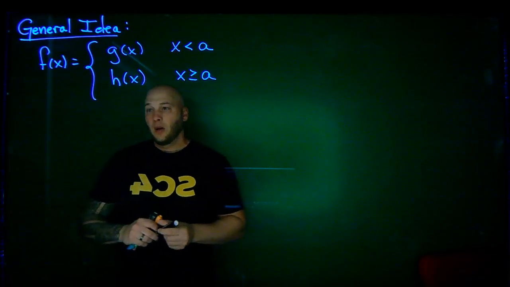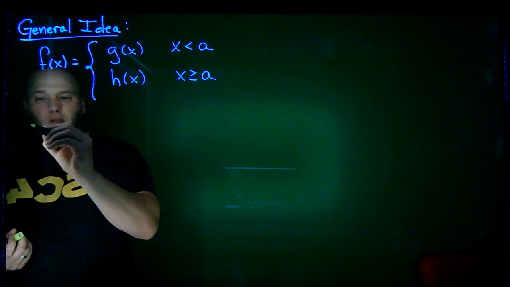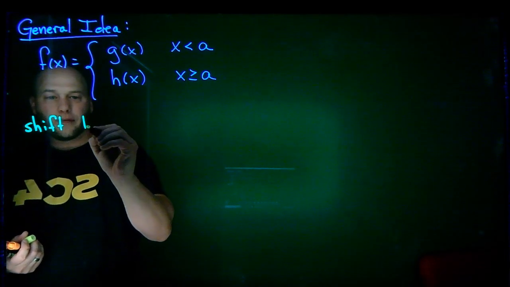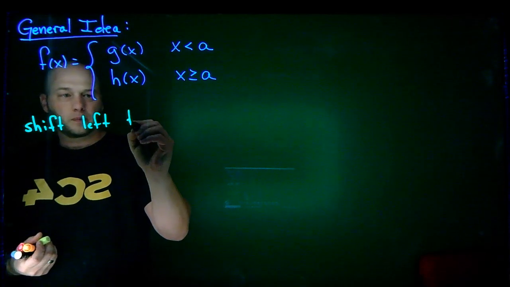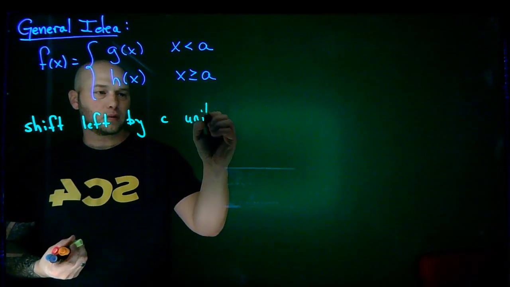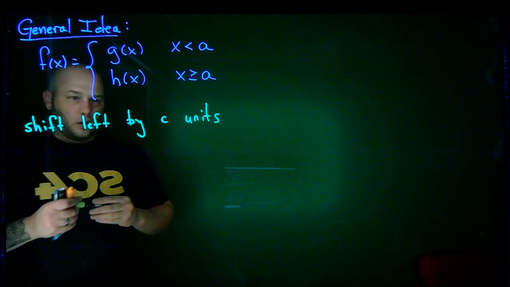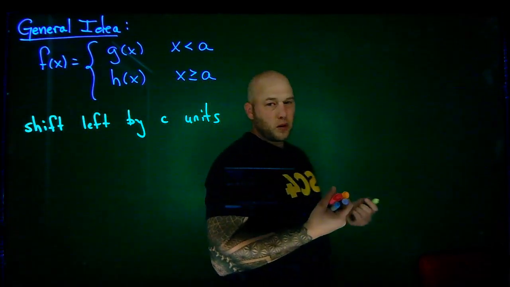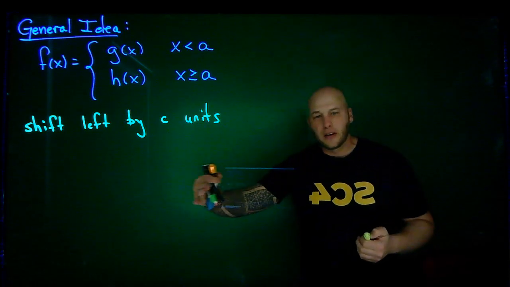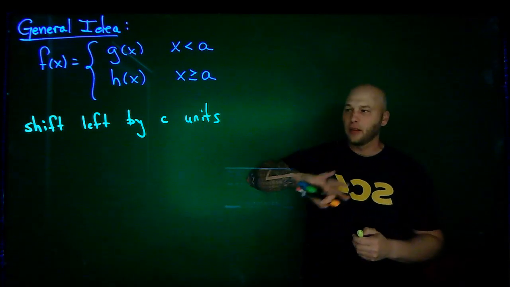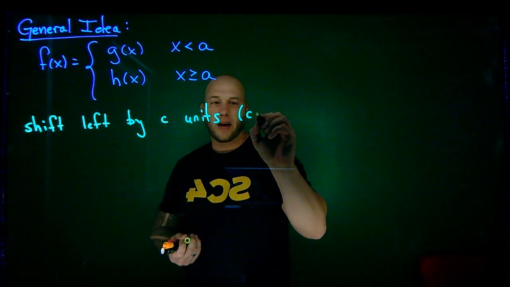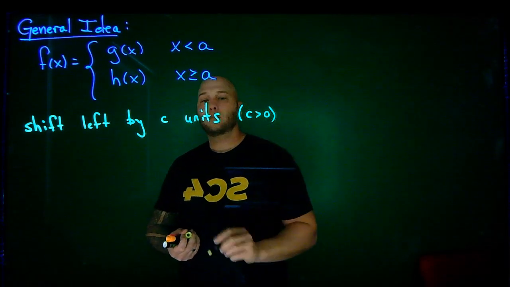If I want to do a shift left by, let's say, c units, c is of course a positive number, so I'm not going to shift left -2 units. I'm going to say shift left by c units, and c is positive just to make it explicit.